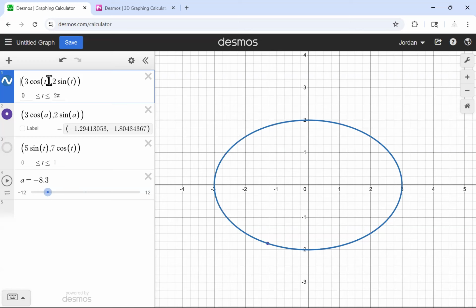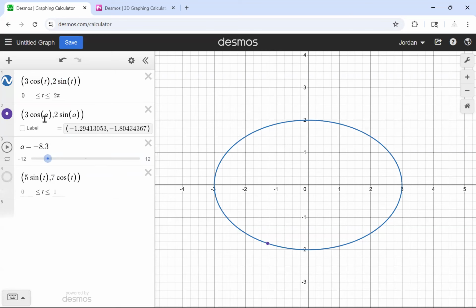What I like to do when I track a point in Desmos is I copy and paste, and then instead of having a t, I just put in a slider. In this case, I put in a slider for variable a. And that will track the point. You can use any other variable you want as long as you can put a slider in. And then I grab this and I start increasing and I just see where the point goes. On the TI-84, you'd use your trace function to do this.